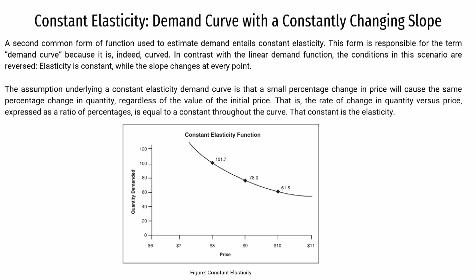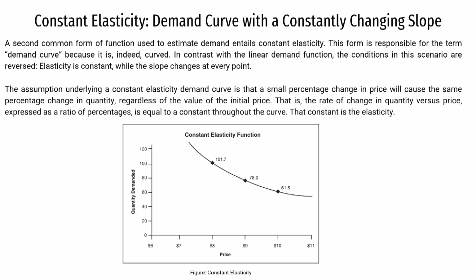If you look at the percentage change in quantity demanded from $8 to $9, and calculate it in terms of percentages, then this ratio of percentage change in quantity demanded by percentage change in price will remain constant for price point $8, price point $9 and price point $10. But the slope at each of these points will keep changing.